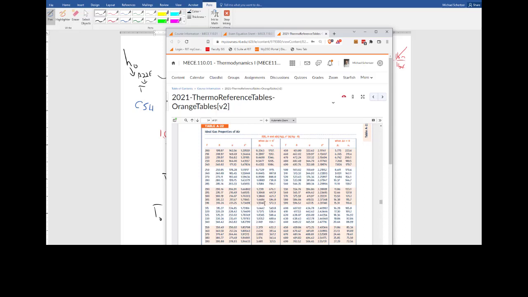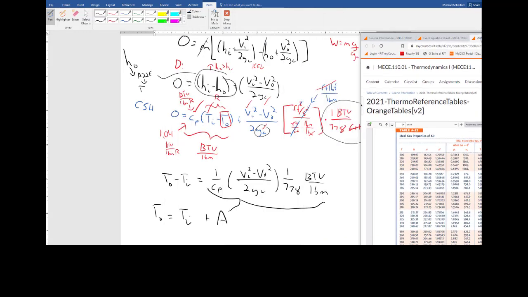Then the H we got was 310.24, so I'd have to interpolate to find, or maybe it's 307, and I'd say that's equal to 307 Rankine. Does that kind of make sense? I just made up numbers. I don't know what the real number is.